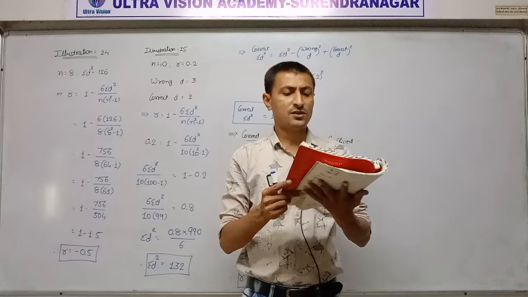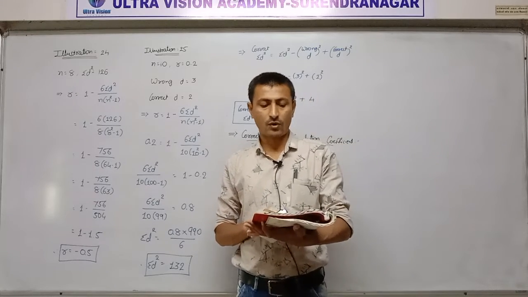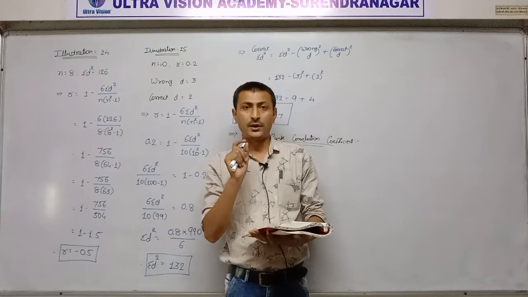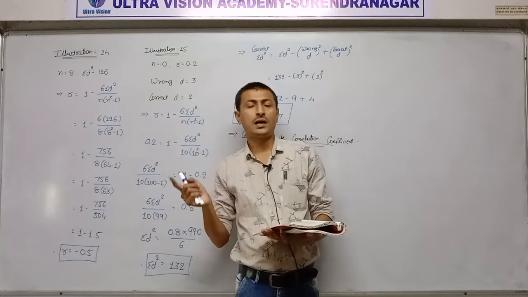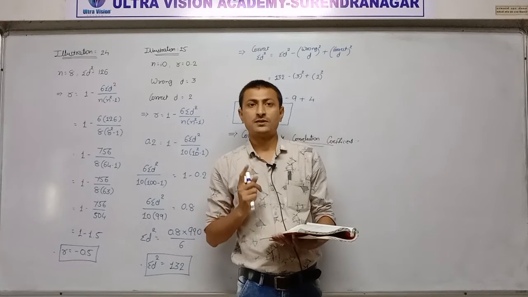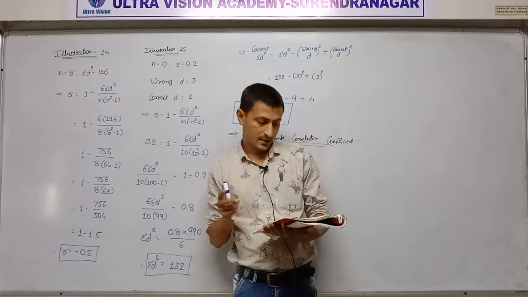So this method does not provide an accurate value of the correlation coefficient as compared to Karl-Pearson. The Karl-Pearson method gives an accurate value, but in this method an accurate value is not possible.